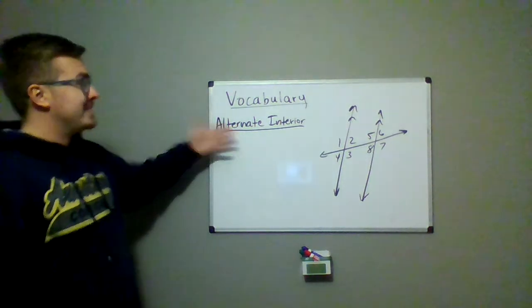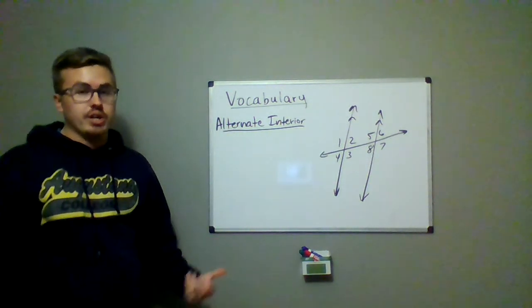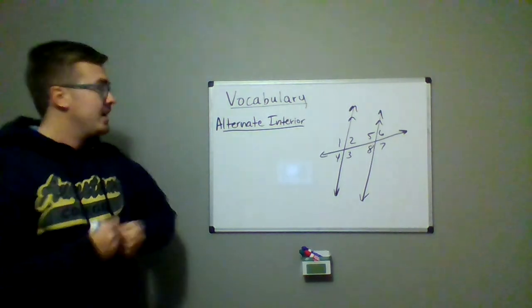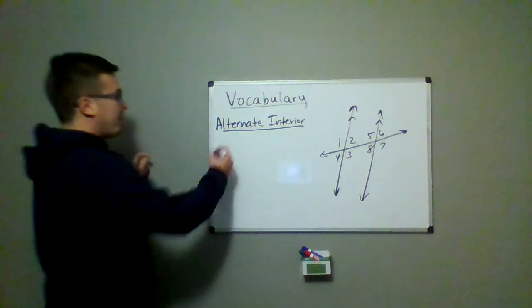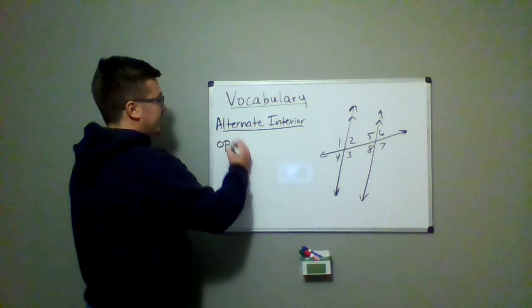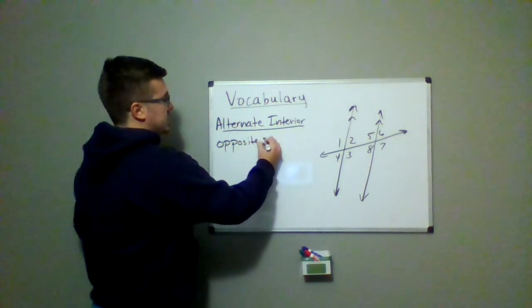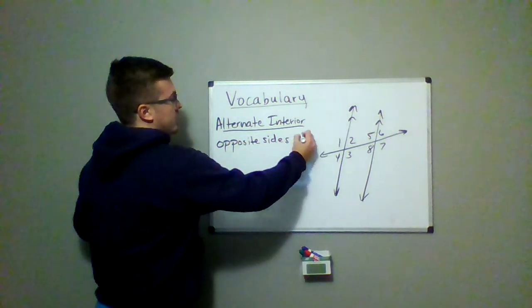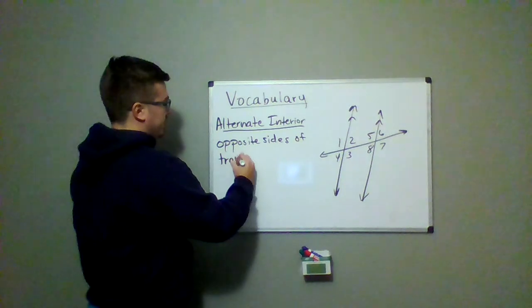So for this one, we're going to say alternate interior. And remember, there's two parts to this. The alternate part, remember, means on opposite sides of the transversal.